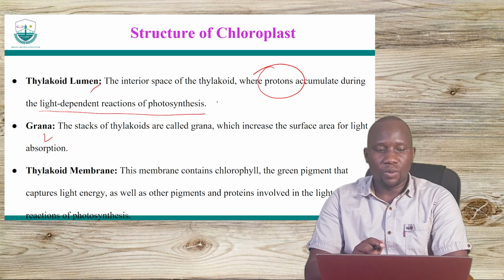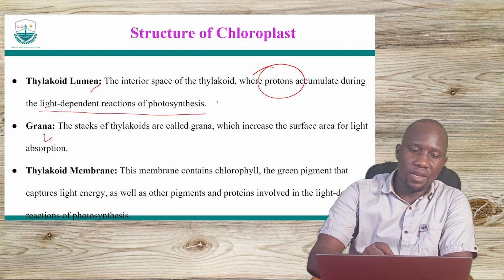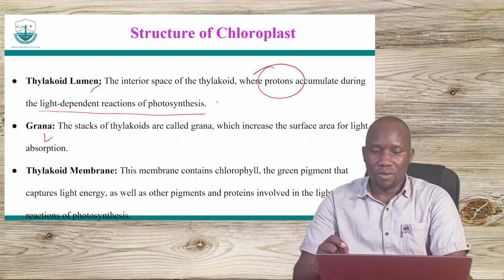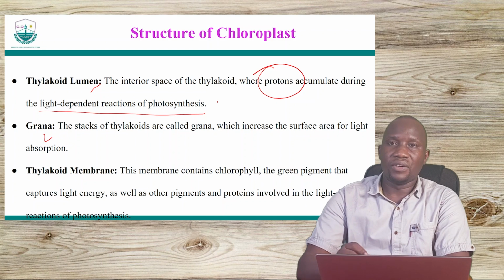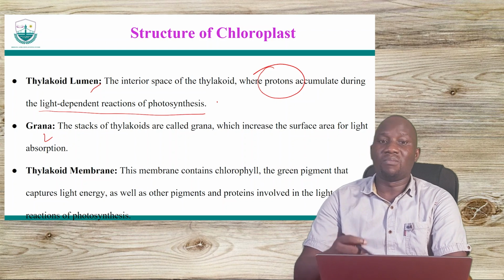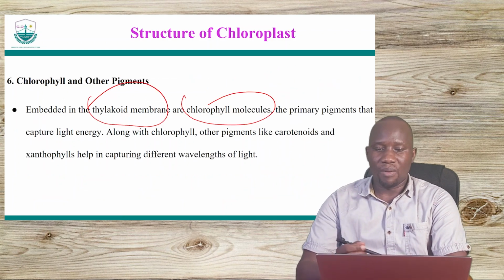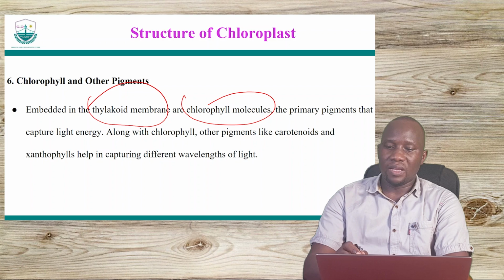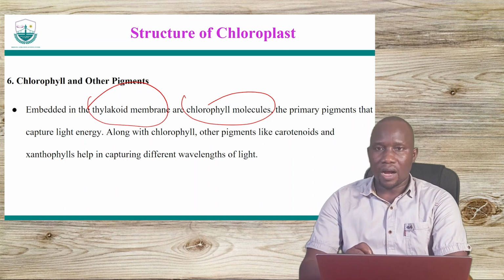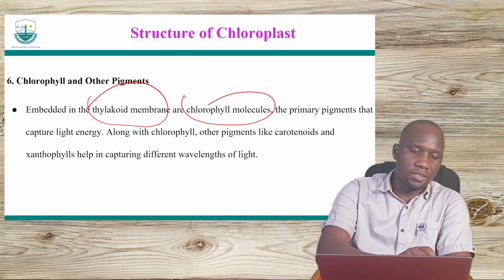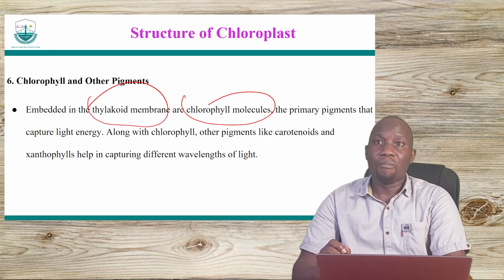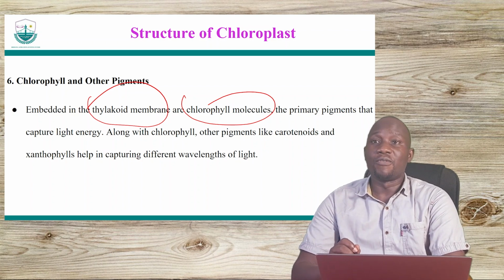Other pigments can also be embedded within the thylakoid membrane. Of course chlorophyll is the primary pigment that plays an important role in photosynthesis, but there are also other pigments in there, for example the carotenoids and xanthophylls, and also some other pigments found in green plants.